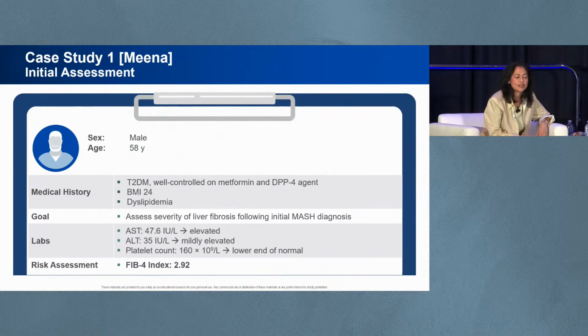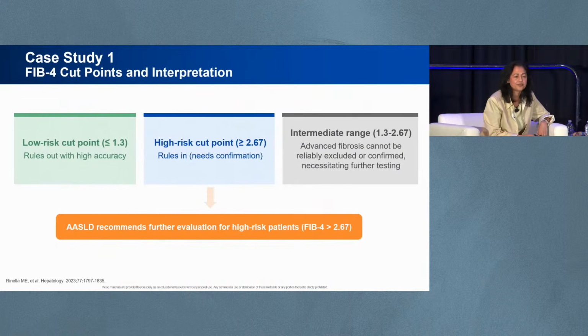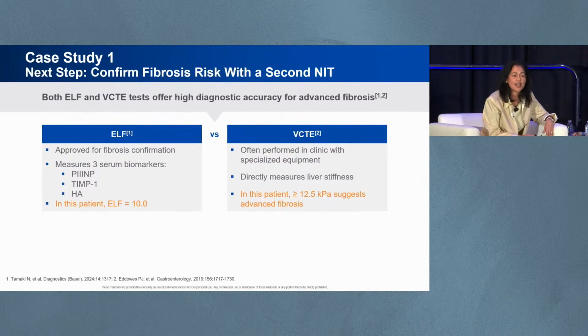This individual's FIB4 is 2.9. Based on that 2.9, we know they're not in the low-risk group. They're on the higher-risk side, greater than 2.67. So this patient would be recommended to come to a hepatologist, one of us, and now we have to do secondary testing.